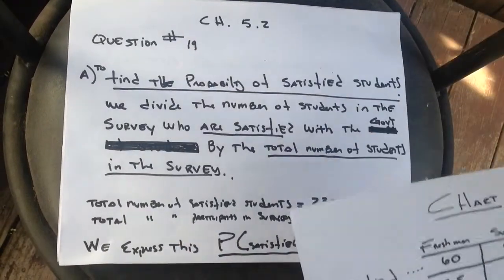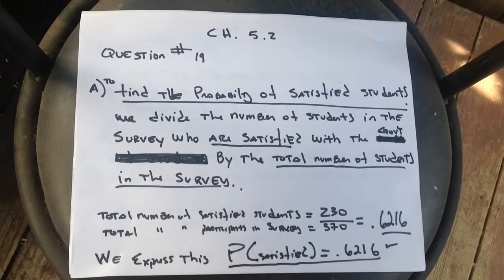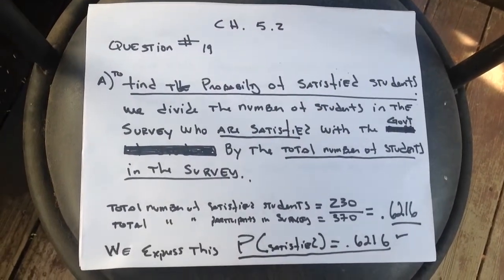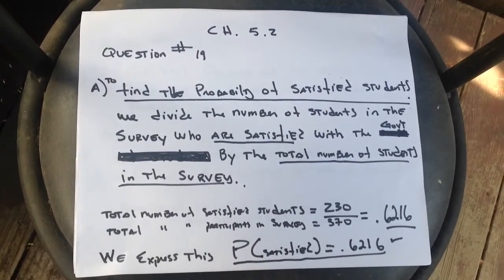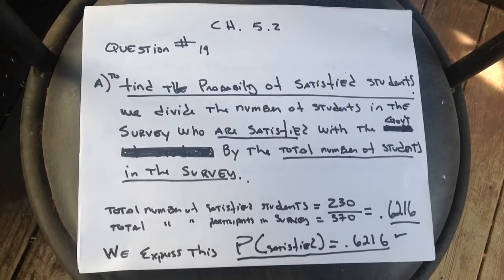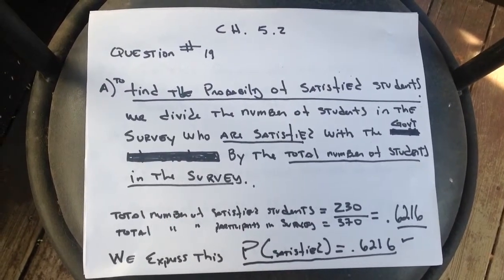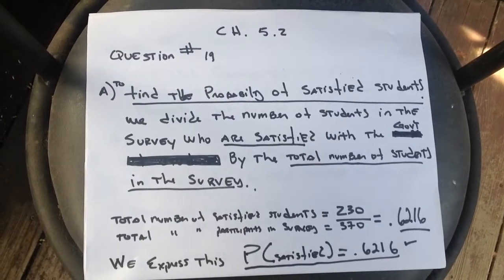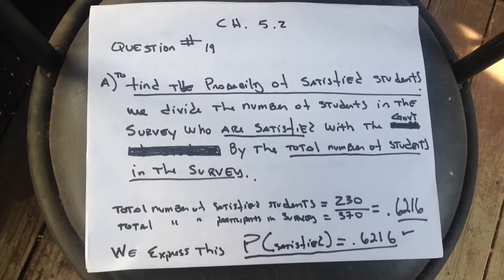Okay, and section A of this question asks me to find the probability of satisfied students. In order to do that, I divided the number of students in the survey who were satisfied with student government by the total number of students in the survey.